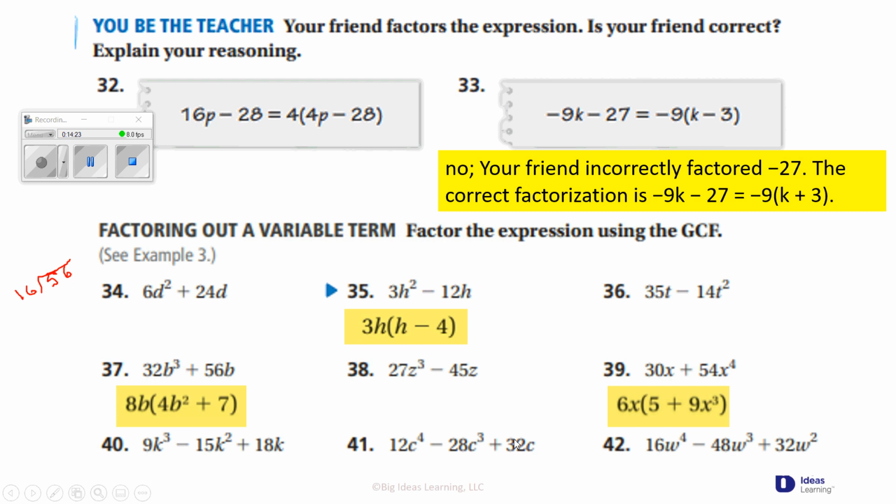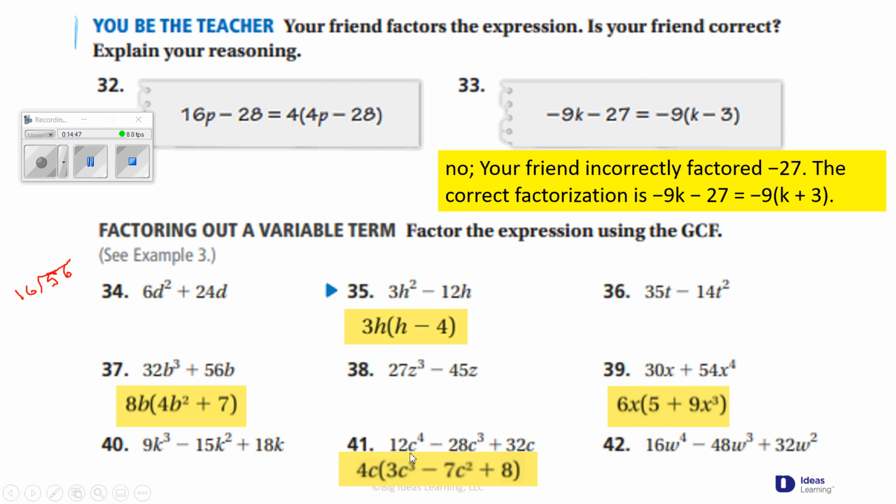And I think 4 times 8 will be 32. So I'm going to factor out 4C. 4C times 3C to the third power. 4 times 3 would be 12. And C times C cubed would be C to the fourth power.